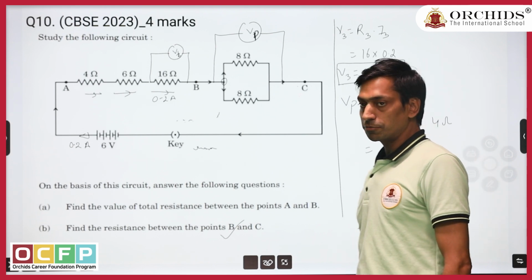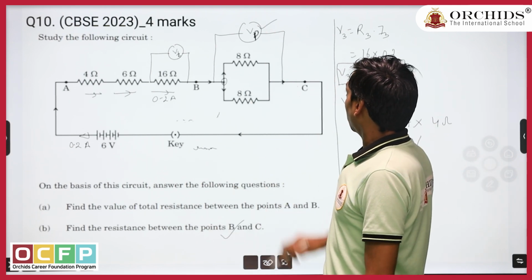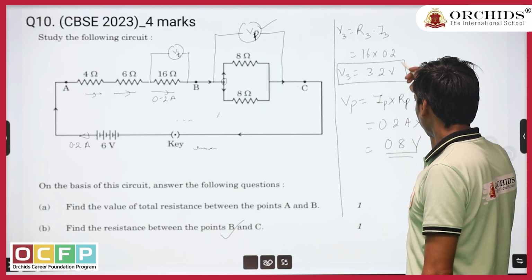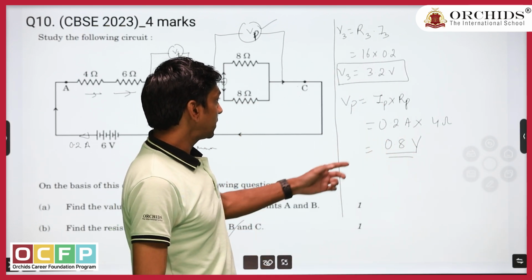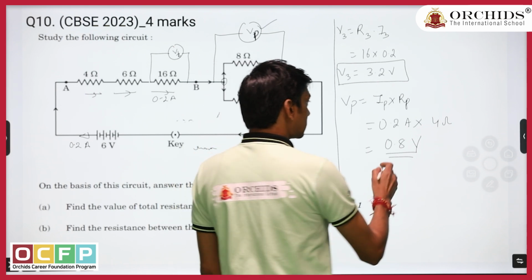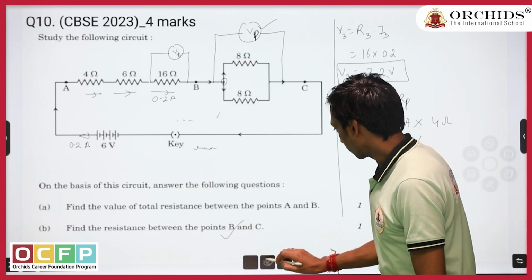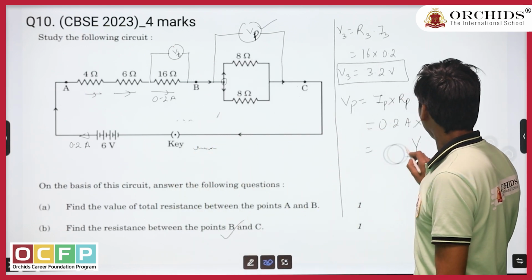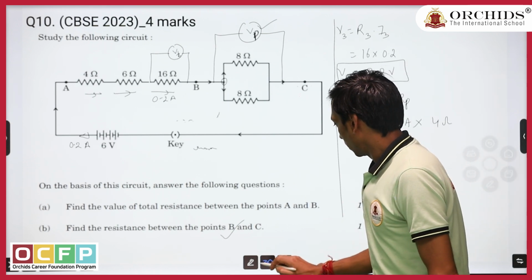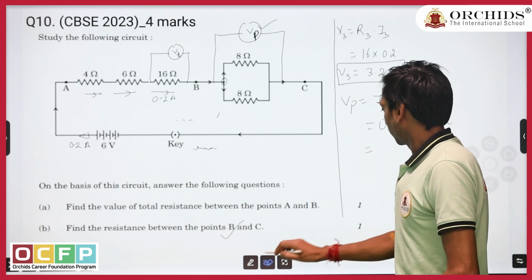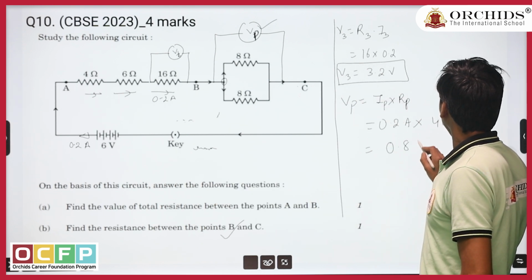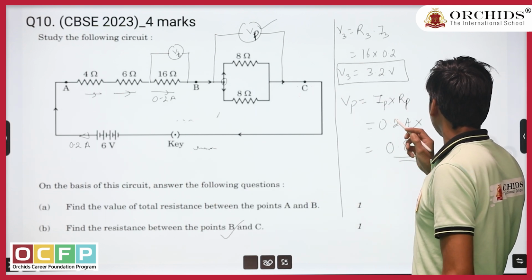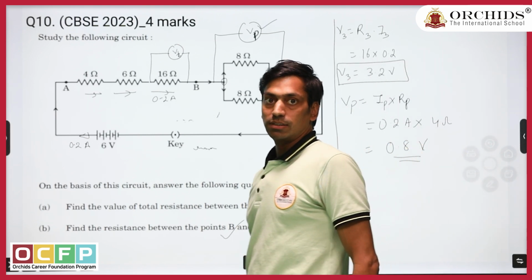That is the potential difference across the parallel combination. When you solve it, yes, 0.8 volt potential difference is generated across this one.